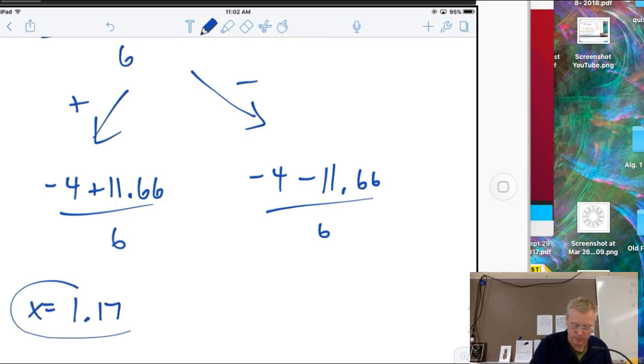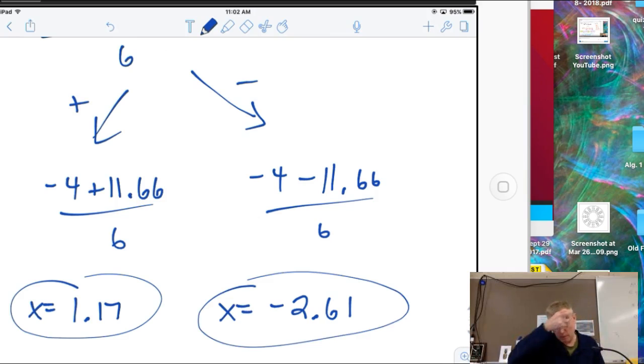That's my first answer. Over here, if I go negative 4 minus 11.66 equals divide by 6, I get 2.61 and it's negative, so that's my second answer. All right, so those are my two answers.